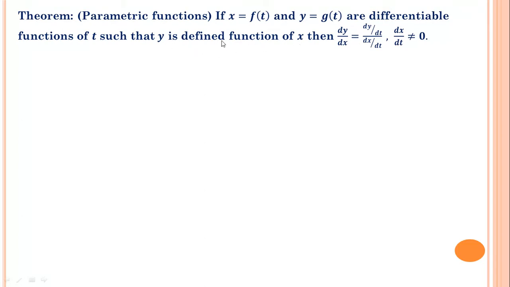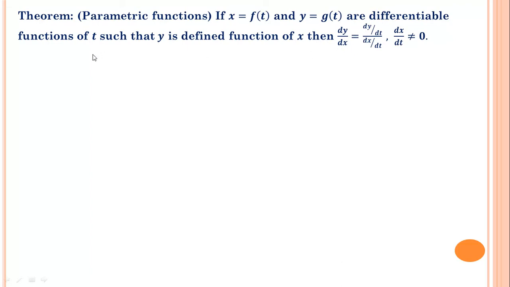Now if y is defined function of x, and you want dy by dx, then how will you get dy by dx? Dy by dx is equal to dy by dt upon dx by dt, where dx by dt is not equal to 0. So to get the derivative of parametric function, means if you want derivative of y with respect to x, then we have to use this rule.